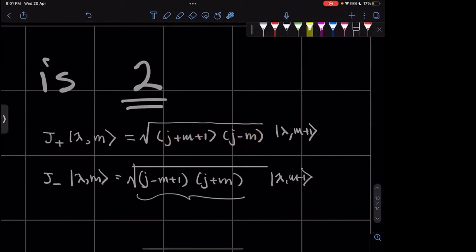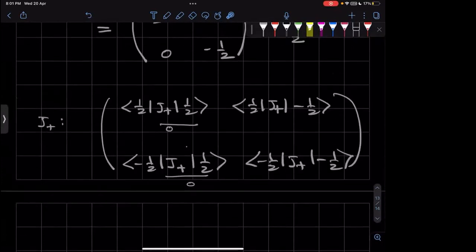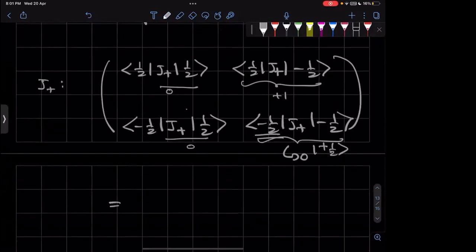So there's a 1 left over. So this whole thing becomes 1. So using this, we just get plus 1. Okay, here we get again J plus half, which of course the inner product with this will give me 0. So the representation of J plus is going to be this.